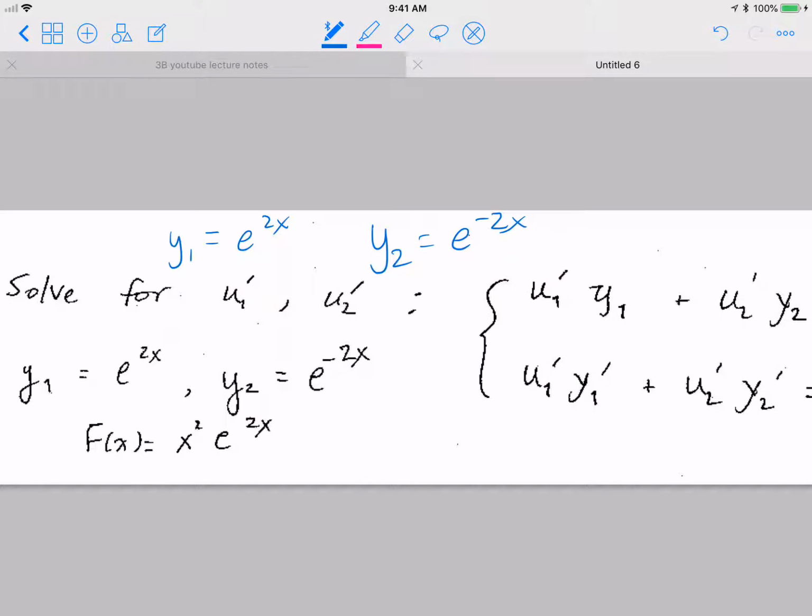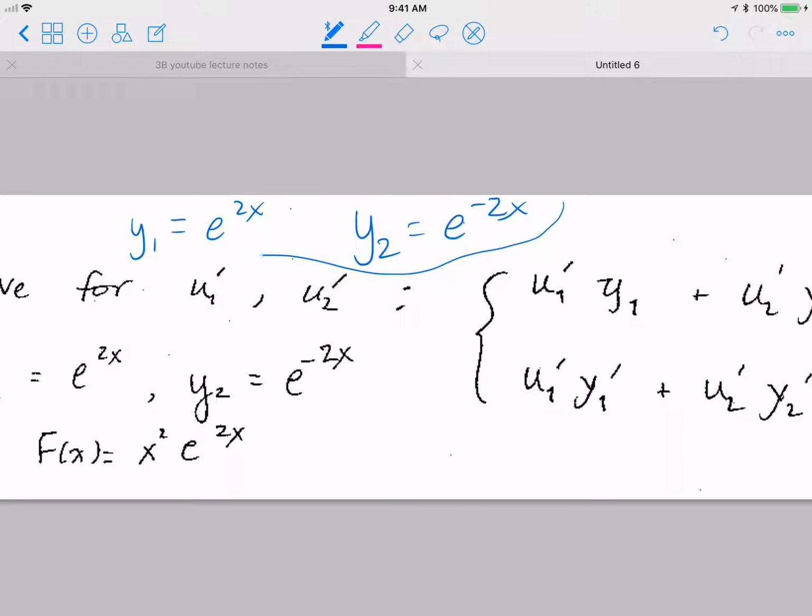So we can actually imagine the homogeneous differential equation that we were solving, because it looks like r1 is equal to 2 and r2 is equal to negative 2, right? So our characteristic equation was r squared minus 4 equals 0.